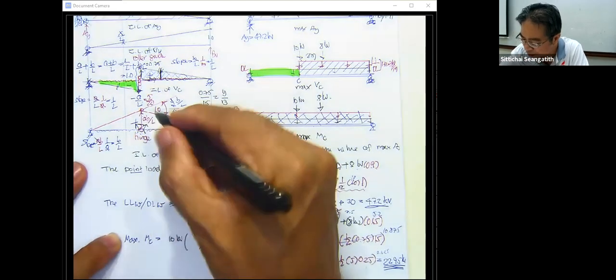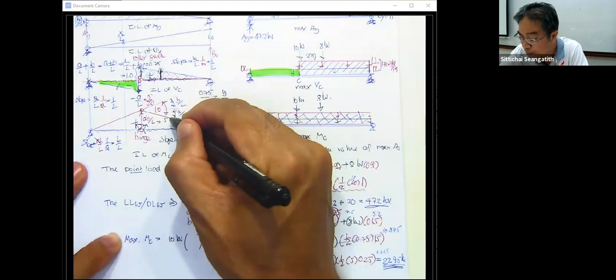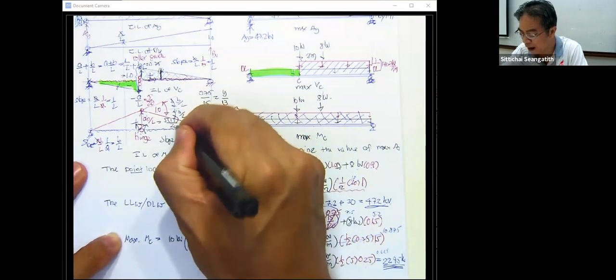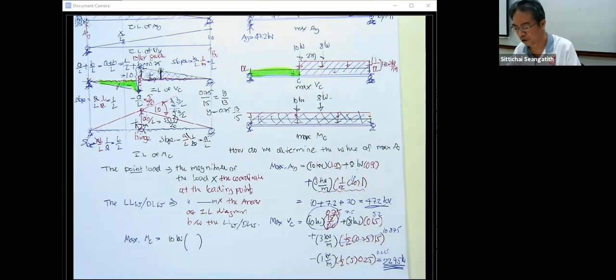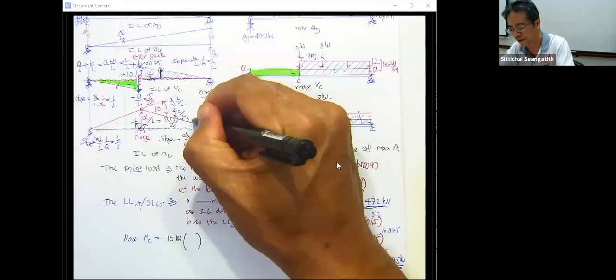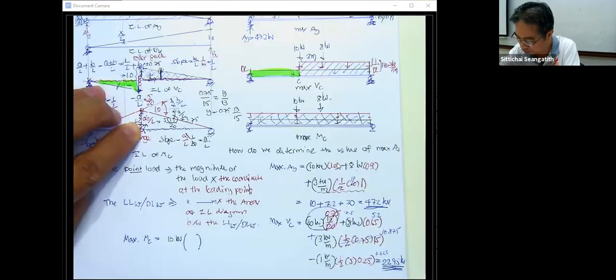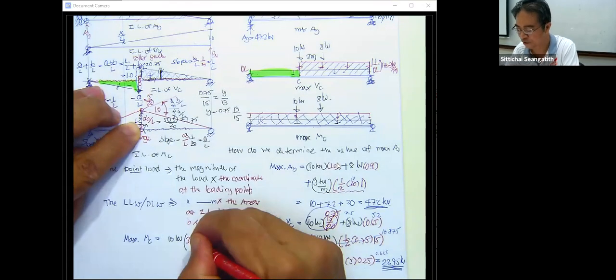A is going to be 5 and B is going to be 15, divided by 20. So that is going to be 15 divided by 4, which is 3.75. Okay, this is going to be 3.75.